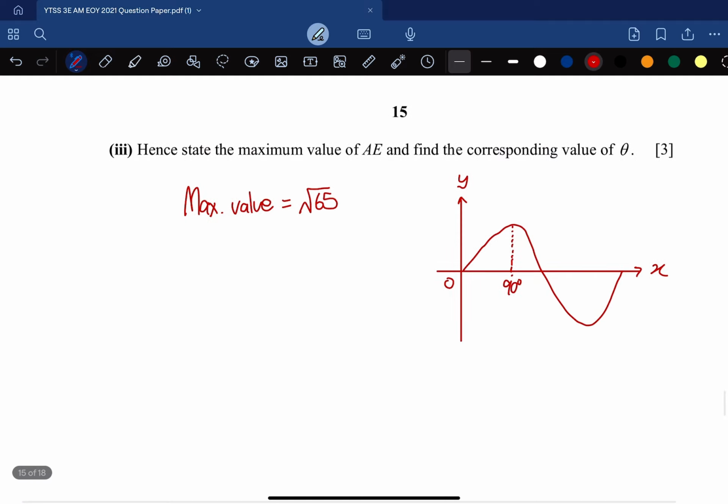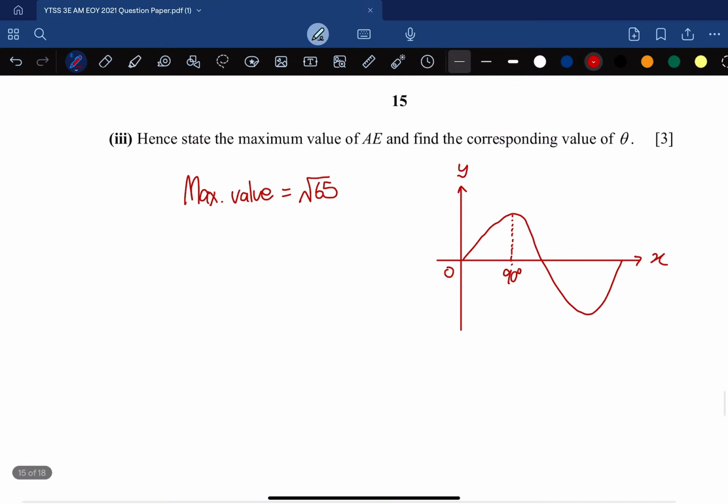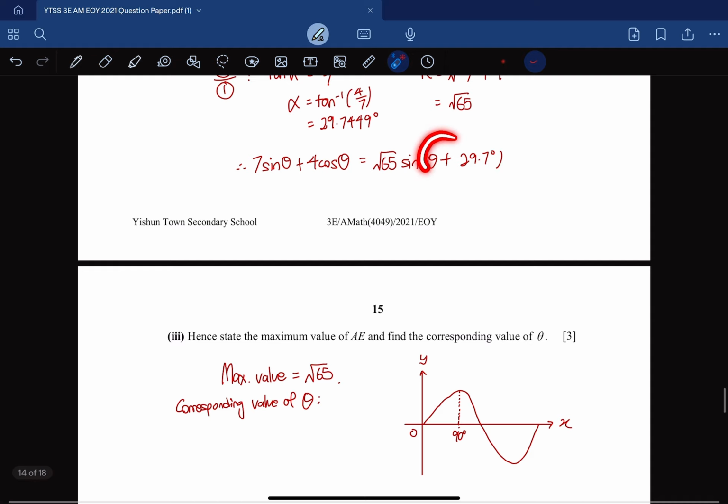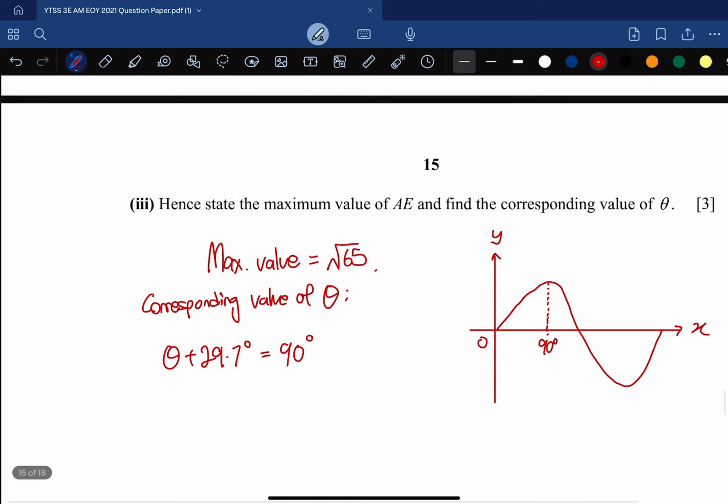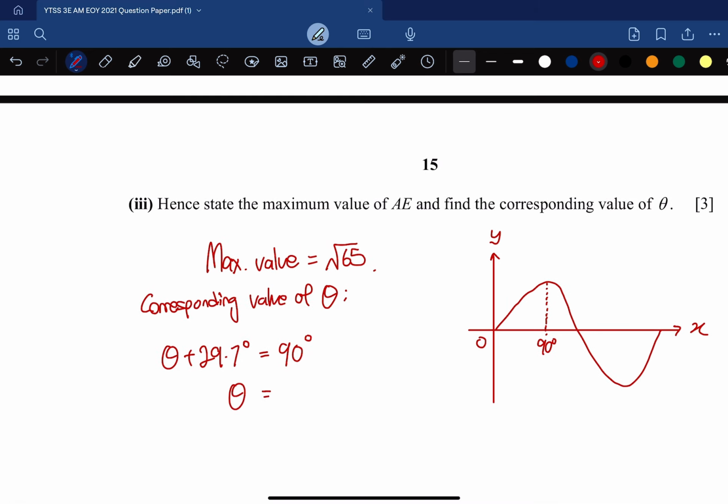So we know that it occurs when this angle here, theta plus 29.7 degrees, is equal to 90 degrees, and therefore theta will be equal to 90 minus 29.7, which will give me 60.3 degrees to 1 dp.